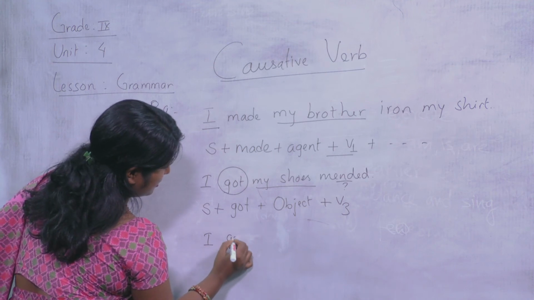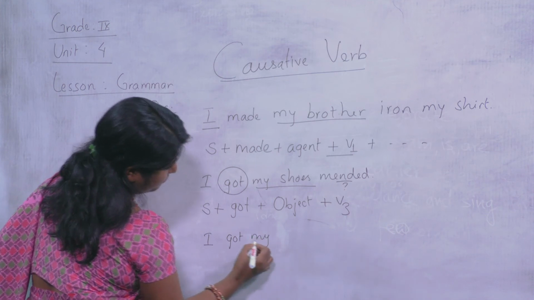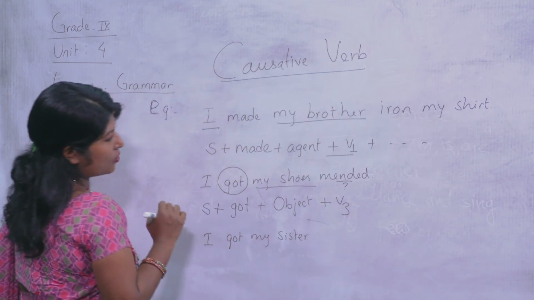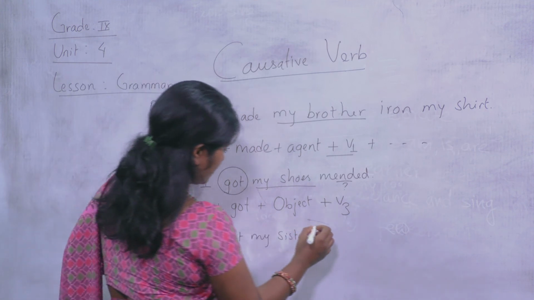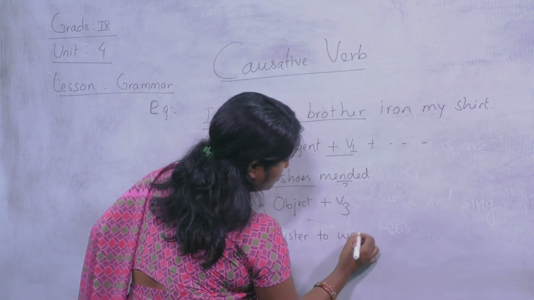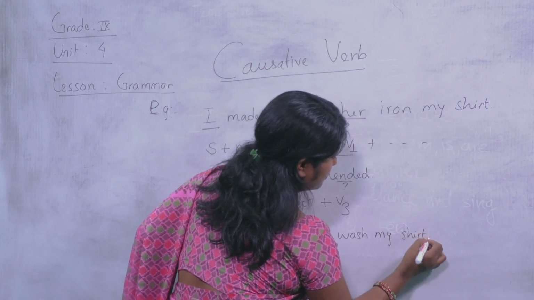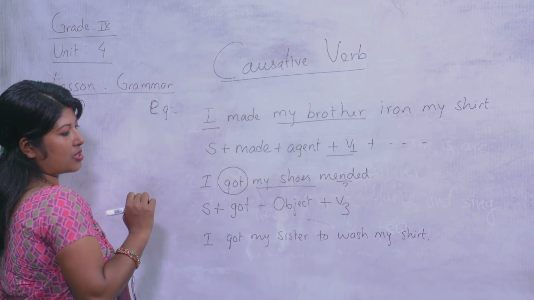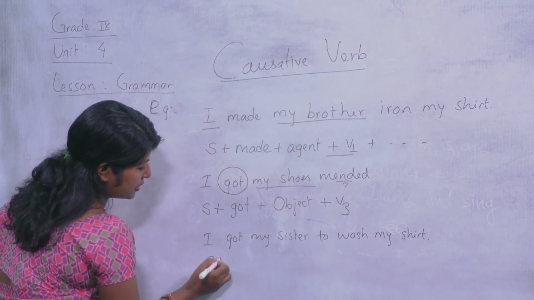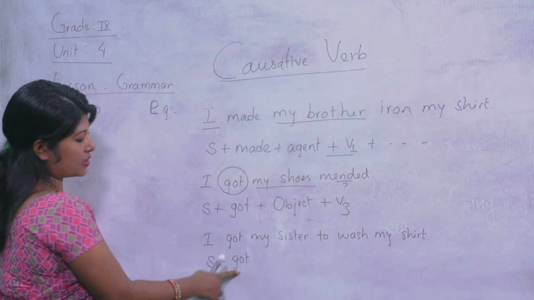I got my sister to wash my shirt. So here the structure is subject, got as the causative verb.